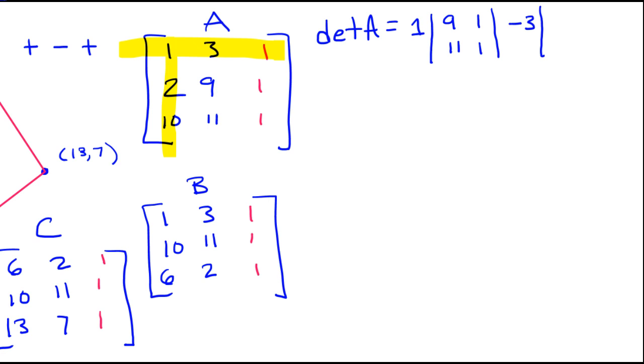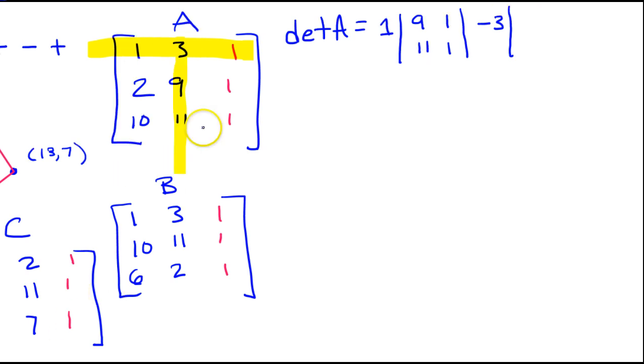Okay, now let's talk about the minor determinant that goes with that. The minor determinant is going to be 2, 1, 10, 1.